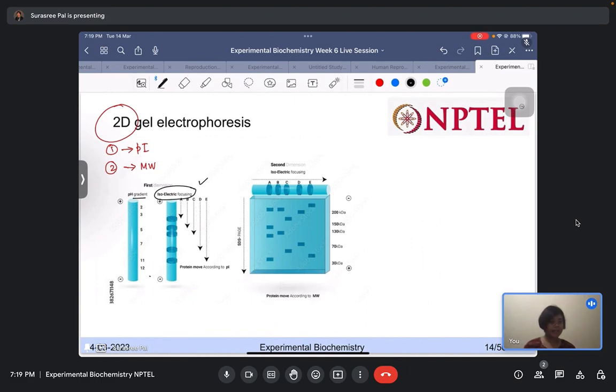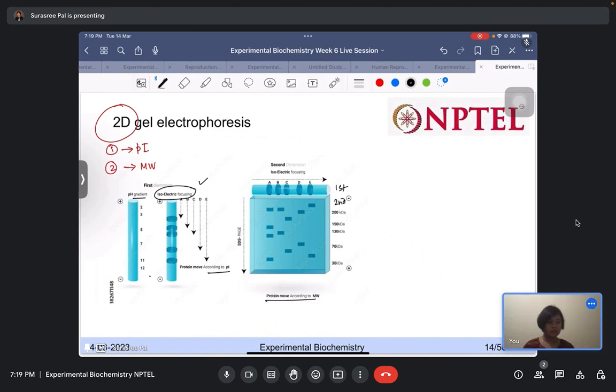Now in the second dimension, an SDS page is done. So the proteins now move according to their molecular weight. The proteins are all denatured and then run according to their molecular weight. So this is the first dimension, the isoelectric focusing, and this is the second dimension.